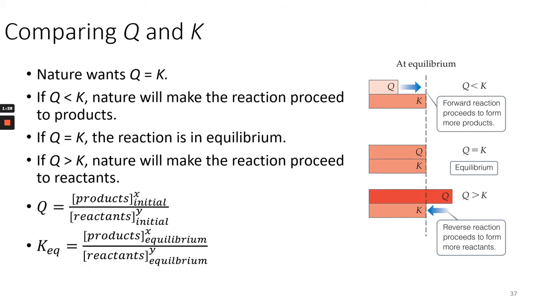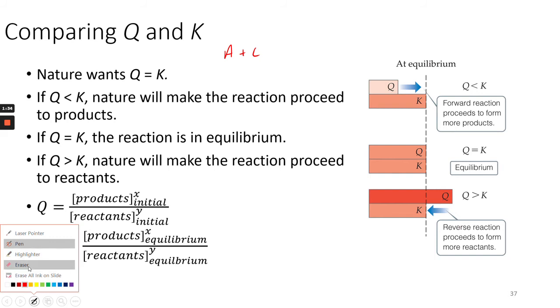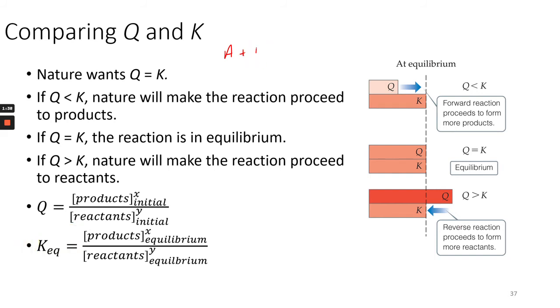So let's take a fake reaction here, so we can understand what this Q is. If I wanted to write the equilibrium K for this, I take my products raised to whatever coefficients I have here.